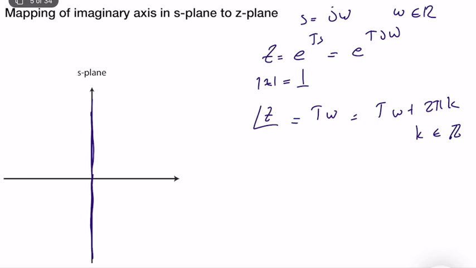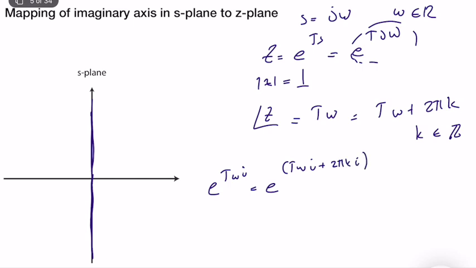Let's go back and analyze this. It's also true that e to the power T omega j is equal to e to the power T omega j plus 2 pi k j.